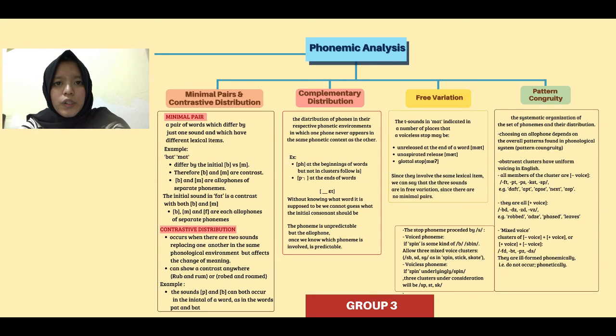But note that these do not contrast. Mat, mat, and mat are three different pronunciations of the same lexical item. Since they involve the same lexical item, we can say that these three sounds are in free variation. Since there are no minimal pairs, this maintains that they are allophones of a single phoneme.